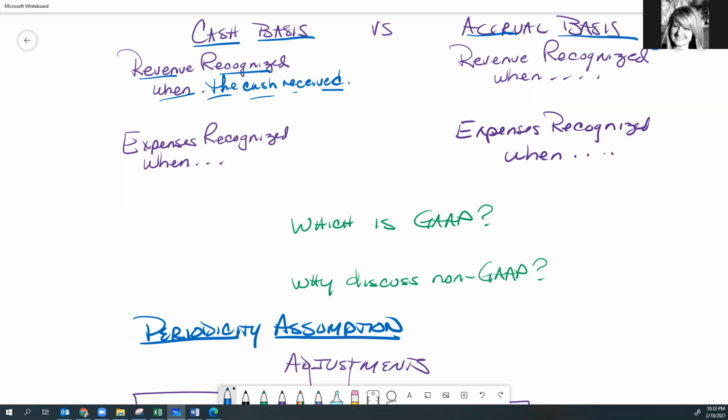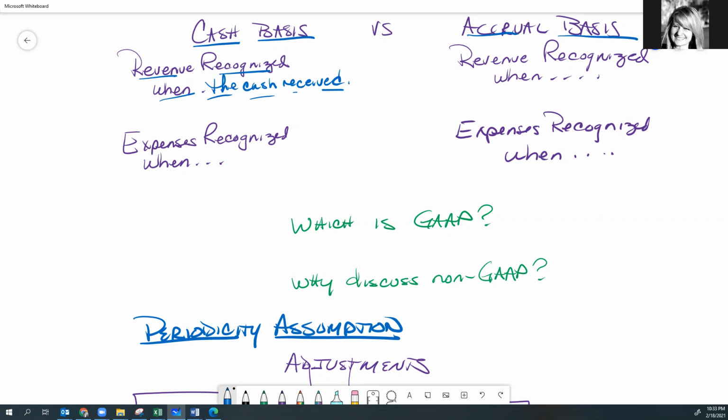Under the accrual basis, we are not concerned with cash at all. Our revenue recognition principle goes through a series of steps, and as you study accounting further, you will become more familiar with those steps.